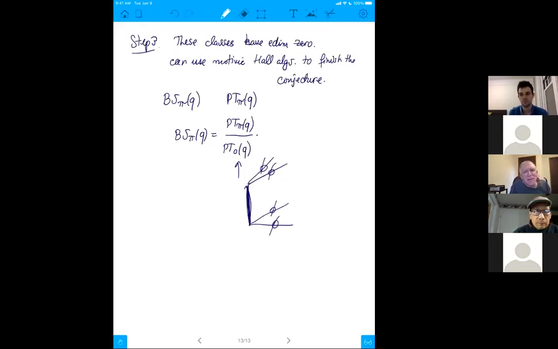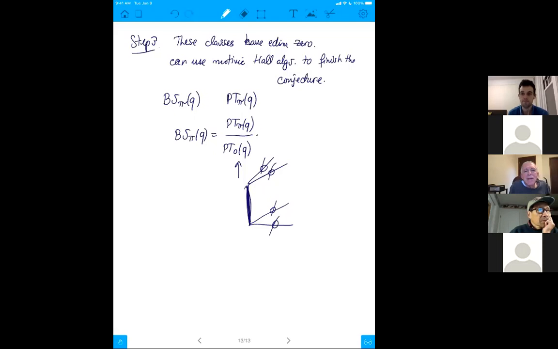Yes, I would say that the wall crossing is still the main tool in this proof. It's just that for these two particular enumerative theories, one can reduce a non-Calabi-Yau situation to a Calabi-Yau situation, whereas in the main conjecture that one studies, this is not possible, or not obviously.